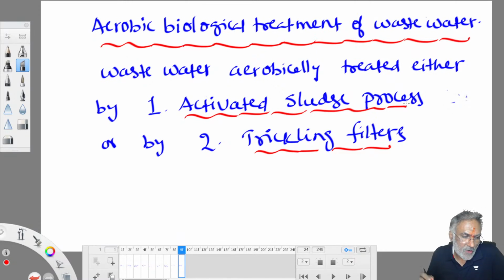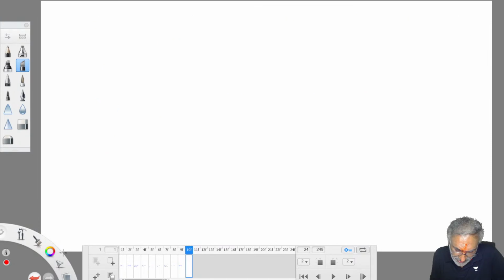Doesn't mean that you always go with activated sludge process. You can also think of trickling filters. Earlier, they used to carry out this biological treatment of wastewater by using trickling filters. Now, activated sludge process is more employed in practice. Therefore, both of them are important from an exam point of view. So, without wasting time, let me start activated sludge process.